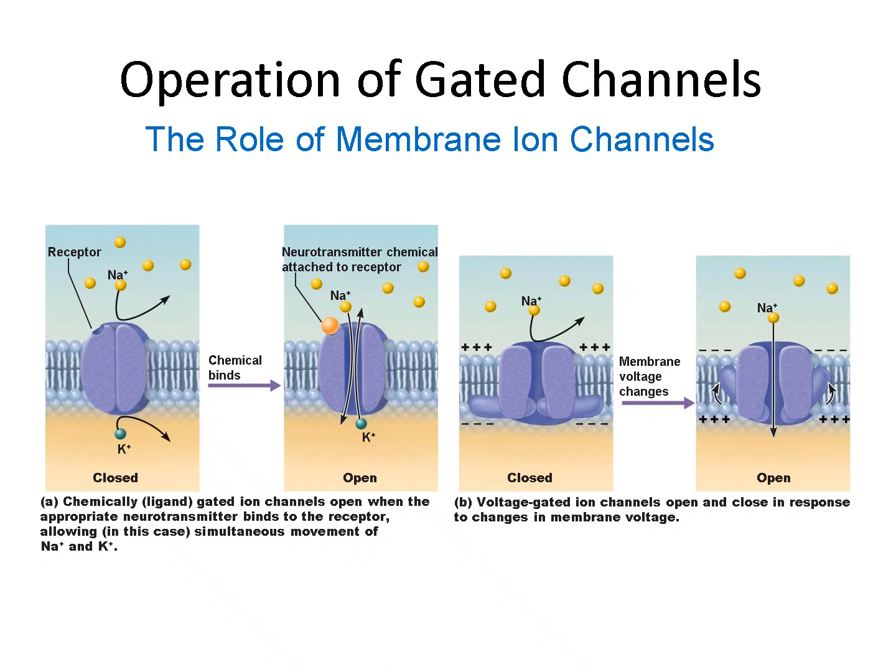In the example above, sodium and potassium ions are being transported simultaneously but in opposite directions. This particular chemically gated ion channel is an antiport. Other channels are voltage gated, as in figure B. Voltage gated channels open and close in response to changes in the membrane potential. Mechanically gated channels open in response to physical deformation of the receptor.